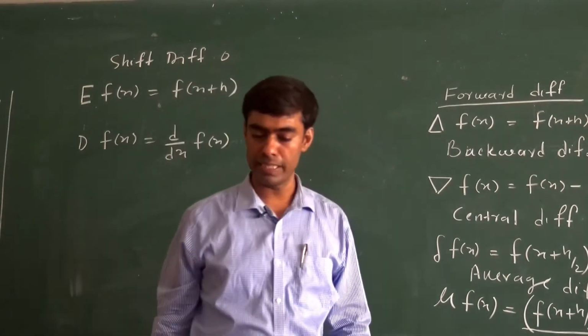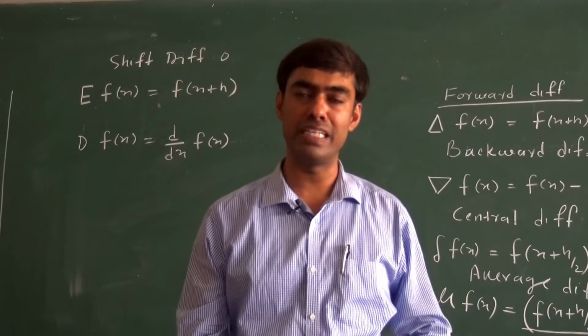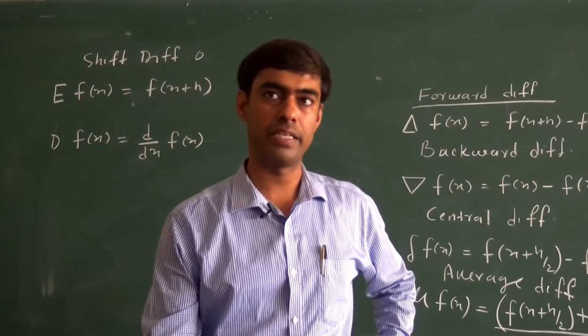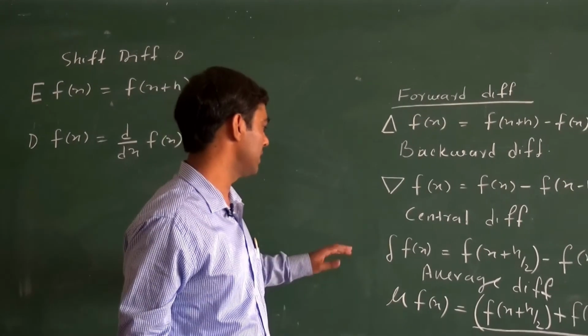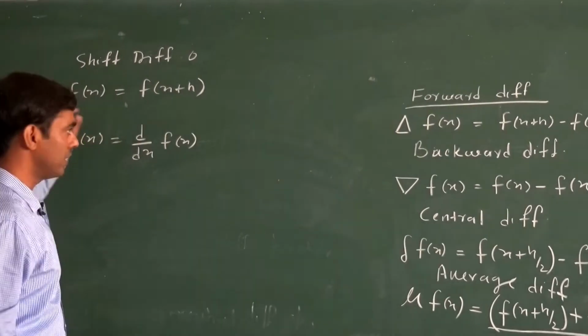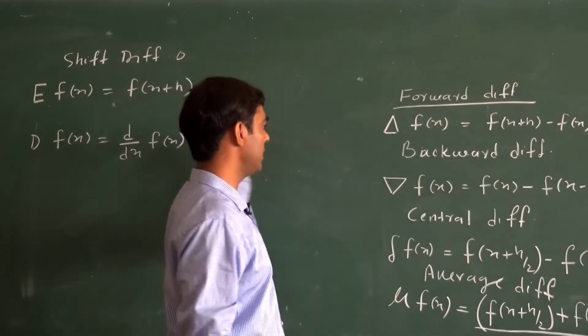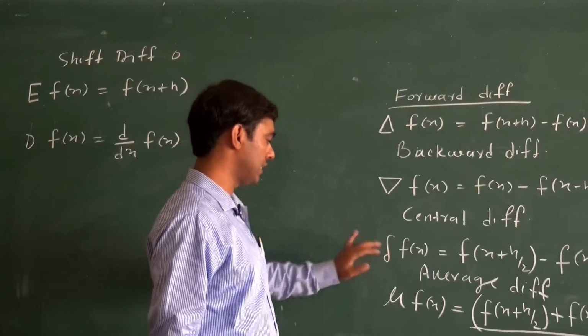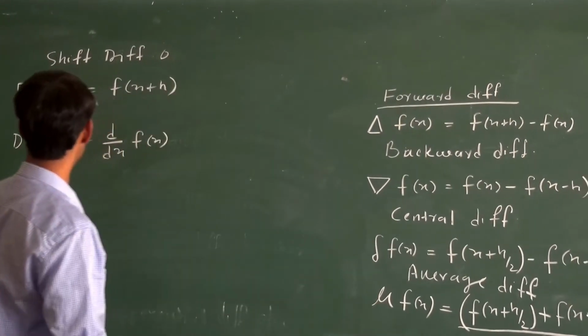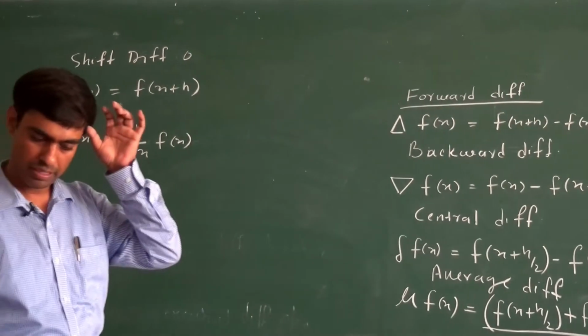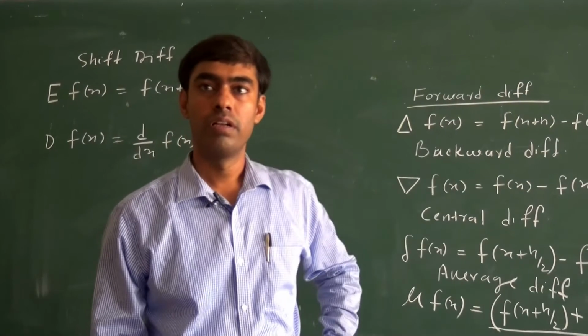Next, we try to find the relation between the different difference operators: E to forward, E to backward, E to central, E to average, E to the differential operator. What is the benefit?